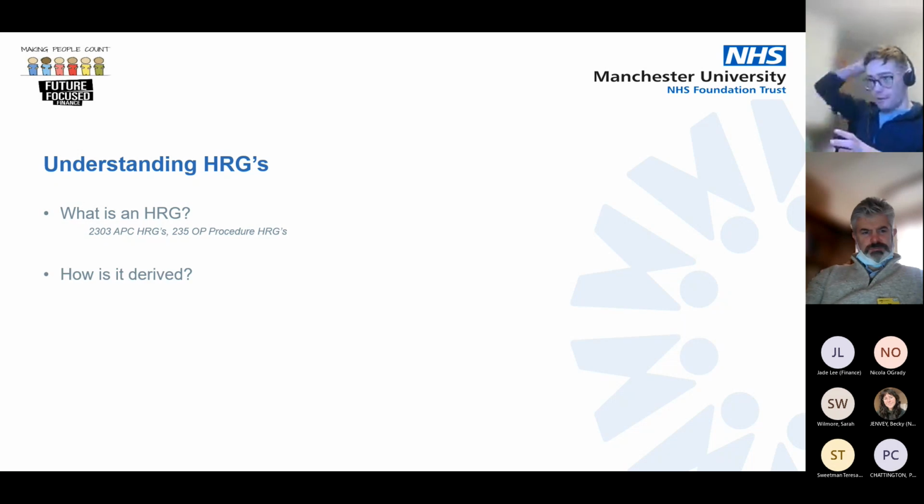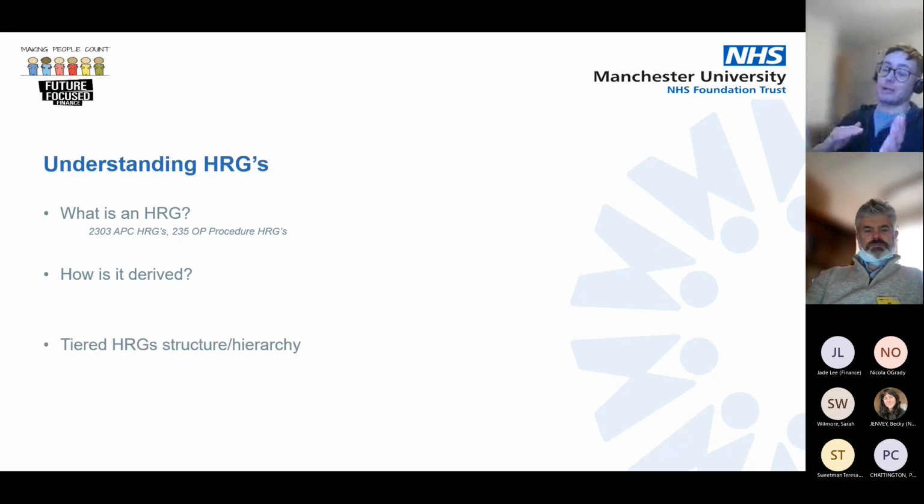They are derived by all trusts across the country submitting reference costs, and those reference costs are reviewed and averages are taken, and the tariffs are arrived at by these averages. And then it's a tiered structure.